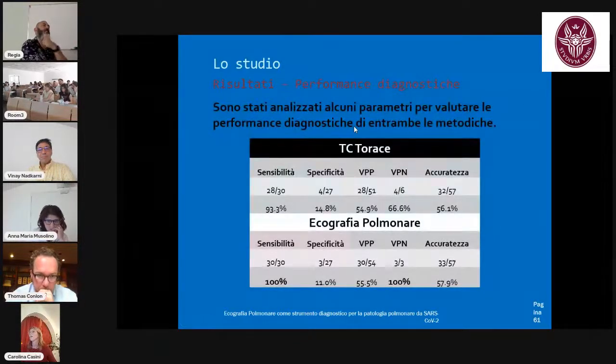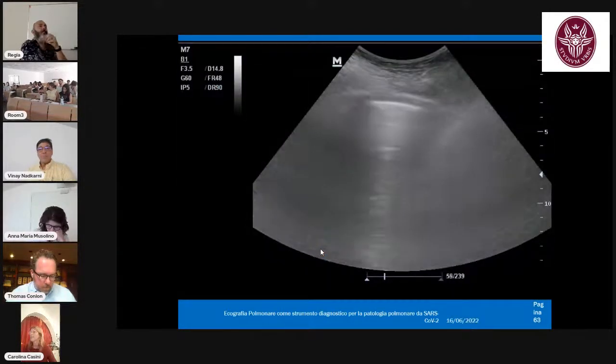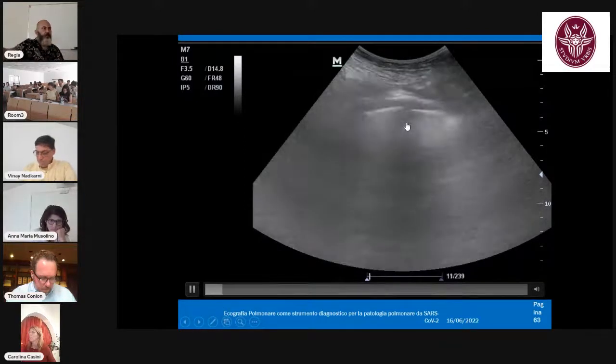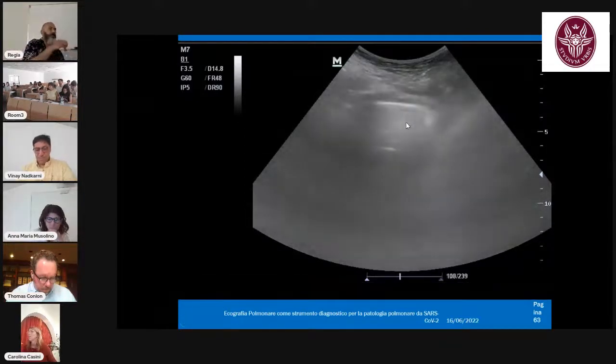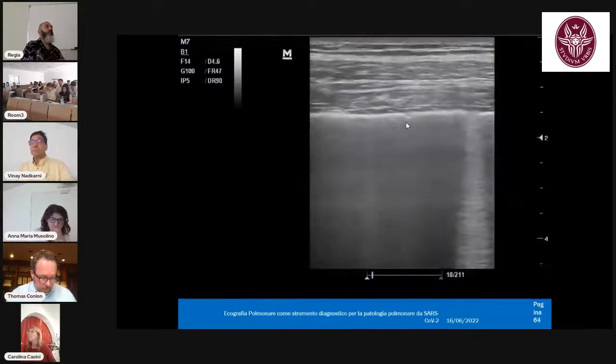And also, this shows that the most frequent typologies were the presence of white lung with superposition of lung thickening. And these are the findings of our patients in the emergency room. You can see here very coalescent B lines.